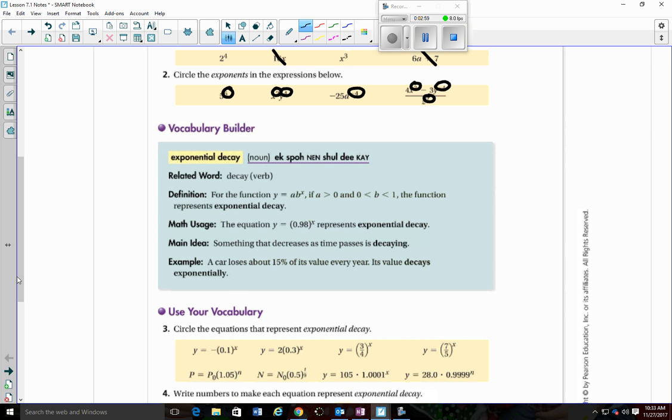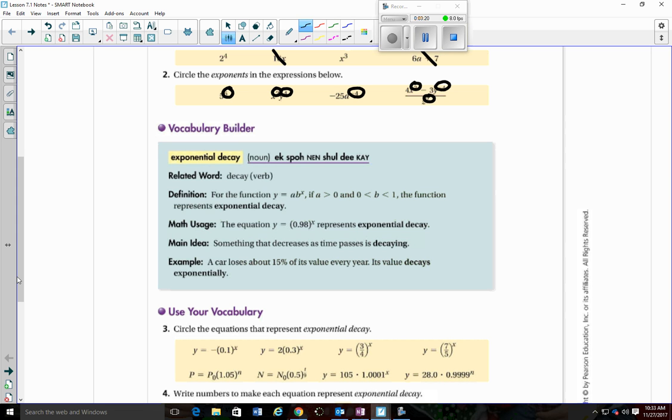Well, there's 2 possible exponential functions you guys are going to have to be able to tell the difference between, and that's an exponential growth and an exponential decay, because those are both scenarios. I mean, something could be decreasing exponentially just as well as it could be increasing exponentially.